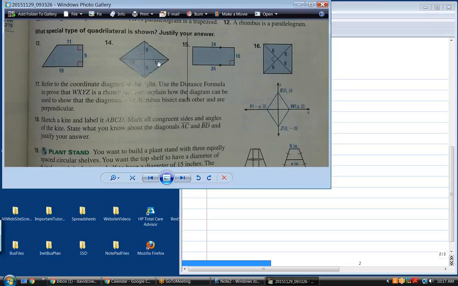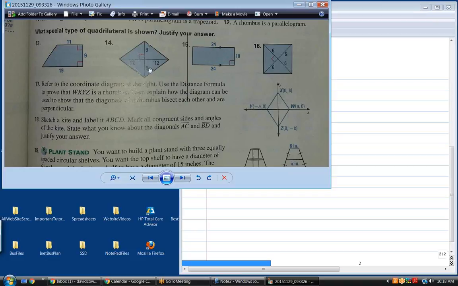Certainly one diagonal here is bigger than the other. This diagonal's 24 and this diagonal's 18. But I don't know if they would call a rhombus a kite, in the same way that if I draw a rectangle instead of this, I can't really call it a trapezoid.